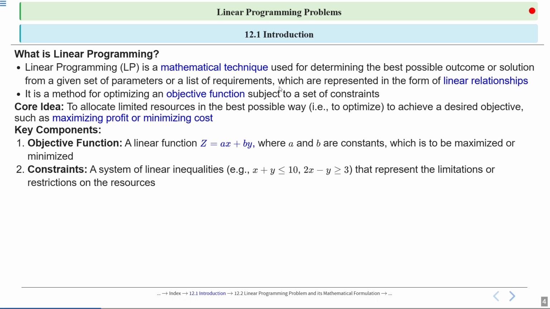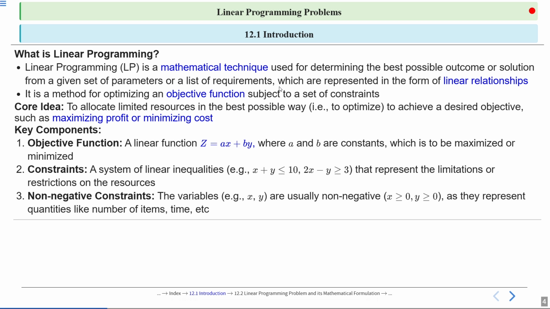So what is constraint? So constraints are limitations expressed as linear inequalities like x plus y is less than equal to 10 or 2x minus y is greater than equal to 3. So they define the feasible region where solution must lie, restricting variable values based on the available resources.